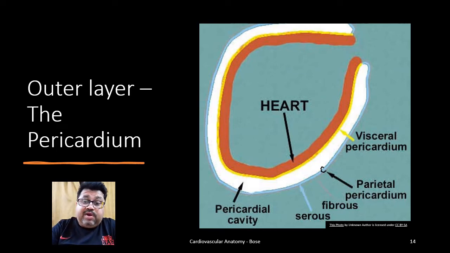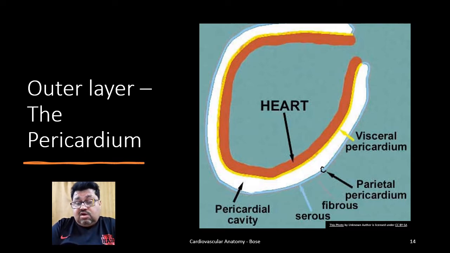The parietal pericardium folds in and creates a bilayer similar to what we see in the pleura. So it's a continuous structure, but the composition of the inner layer is different.